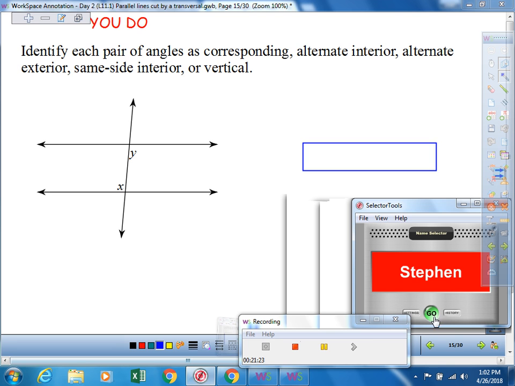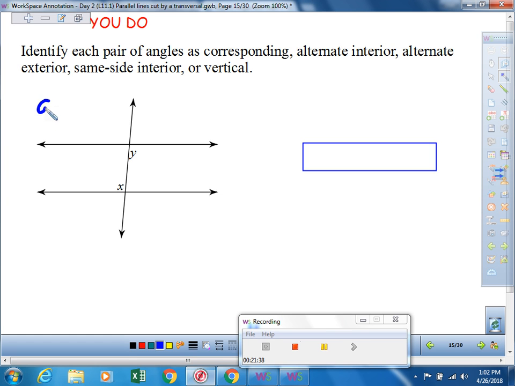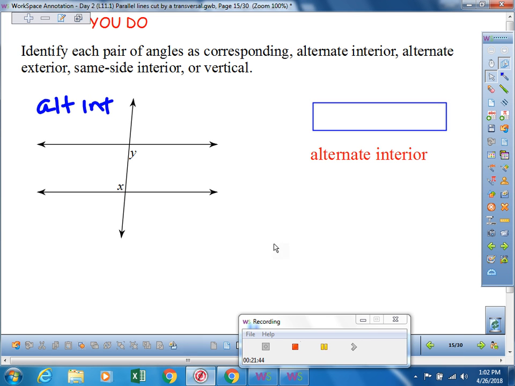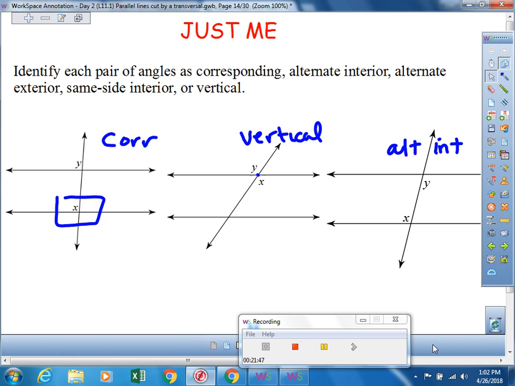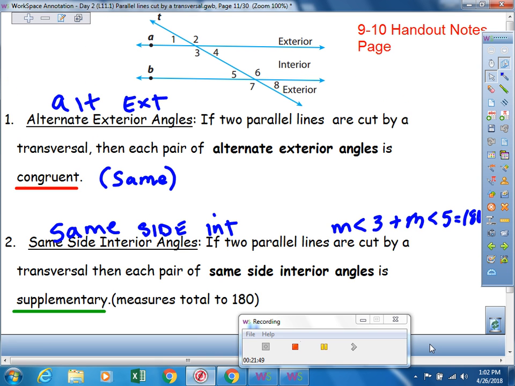Stephen, what do you think? Alternate interior, yes. That is correct. Now, I want to go back real quick, because we did it on the first one.